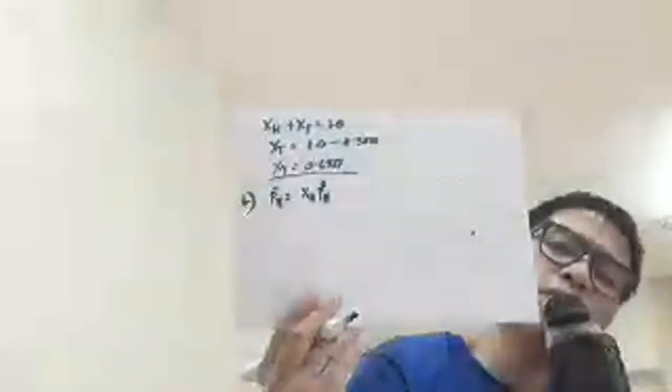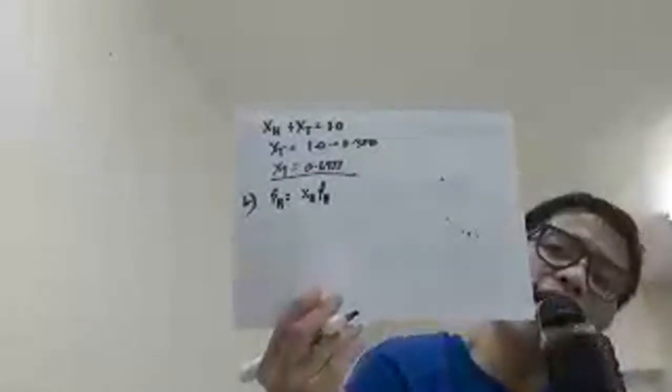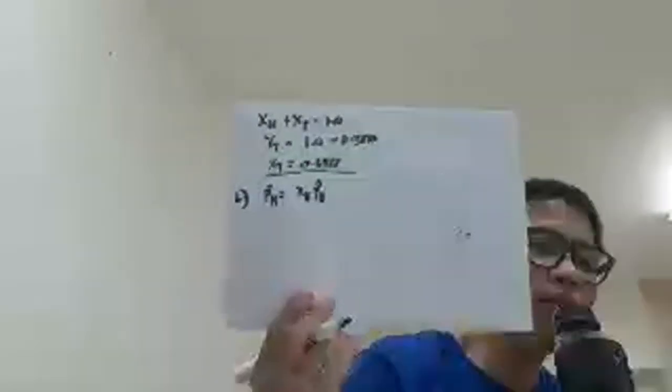We go first to the heptane, because we set heptane as our component A. So the partial pressure of heptane is equal to the mole fraction of heptane times the vapor pressure of heptane. Now we have the mole fraction of heptane, which is 0.323.